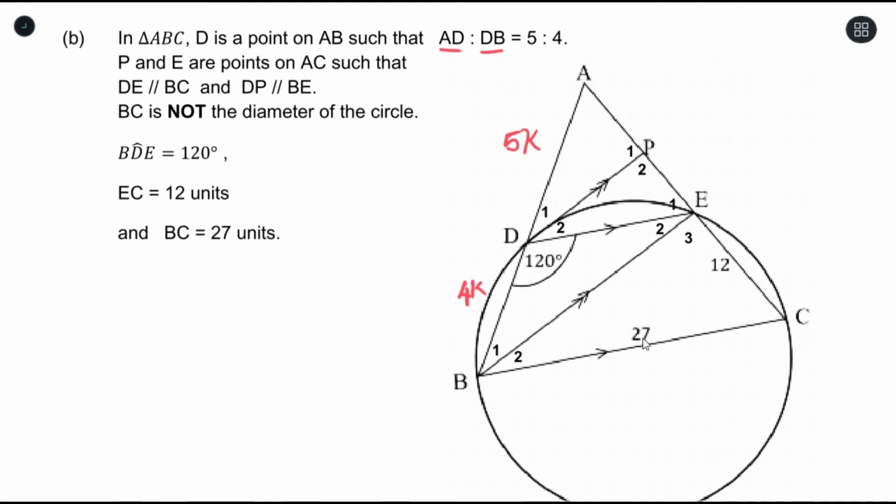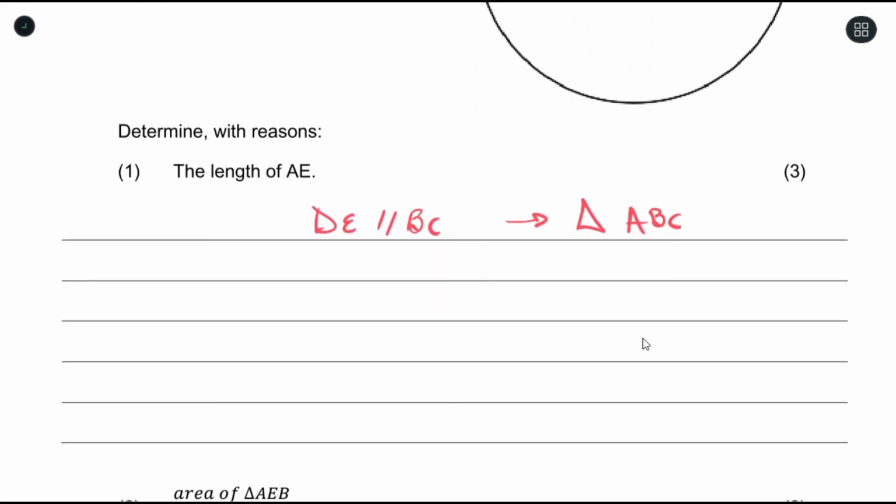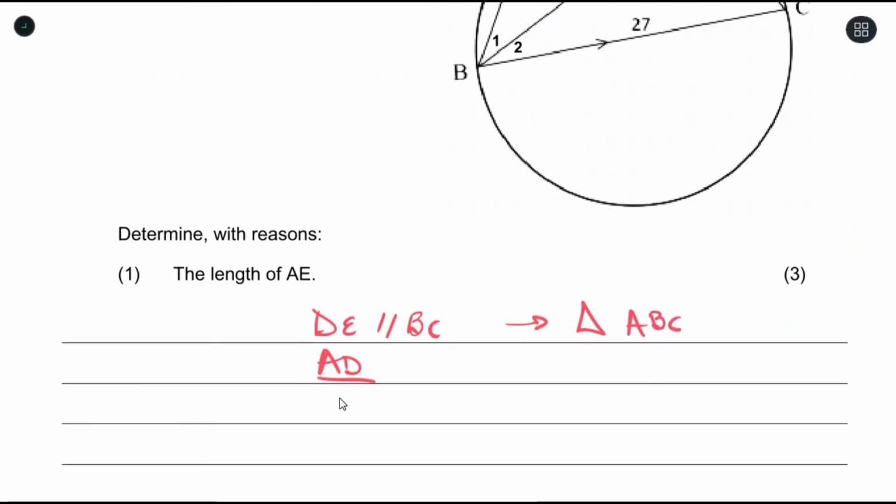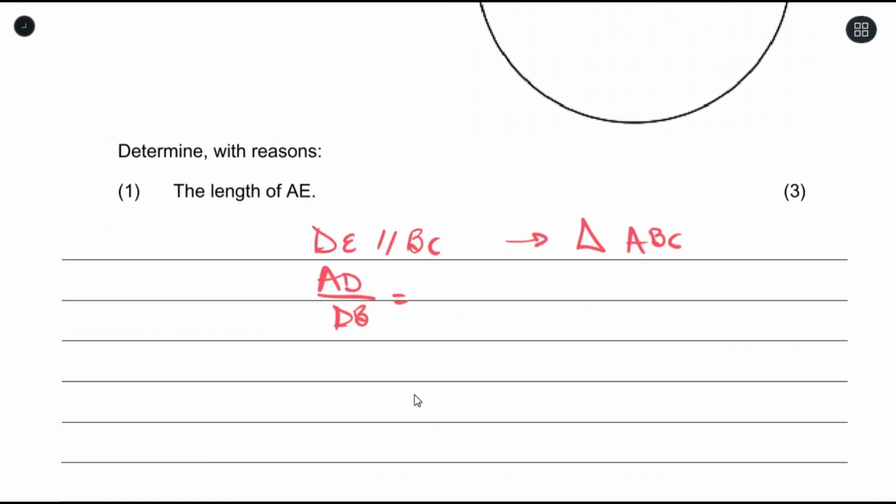We would understand that AD over DB is equals to AE over EC. And the reason I'm stating this fact is because of the proportionality theorem.